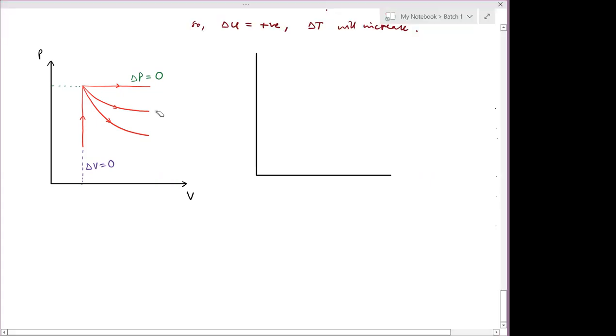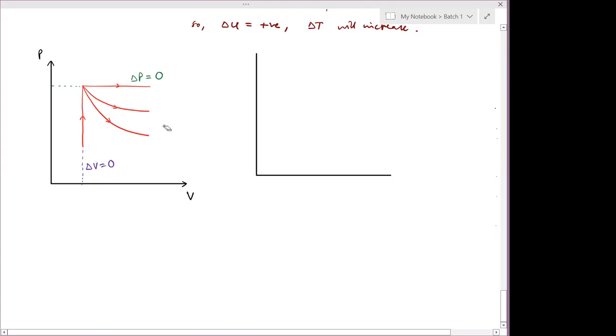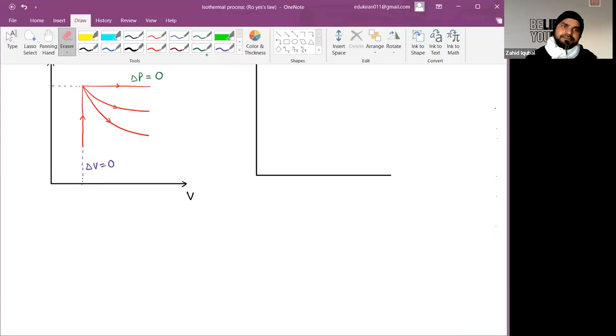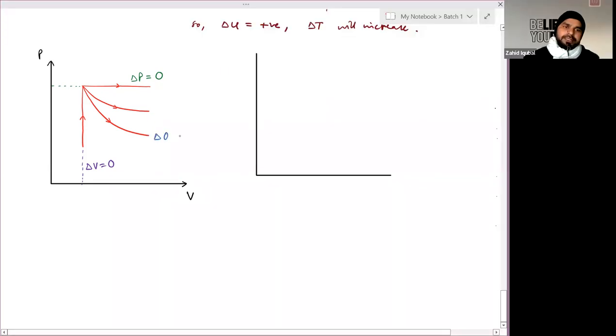Yes, sir. Iba, just tell me about these two parts. Which one is isothermal and which one is adiabatic? First, which is steeper? The second one. So which one is adiabatic? The second one. Good. So it will be adiabatic, and the last one will be isothermal.